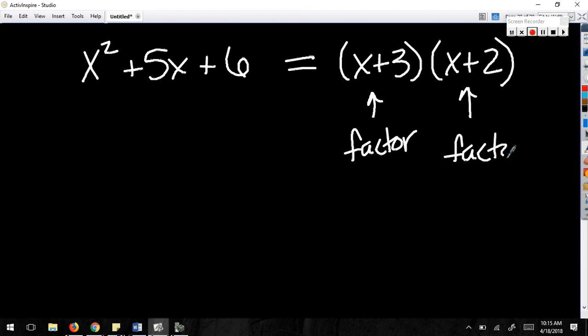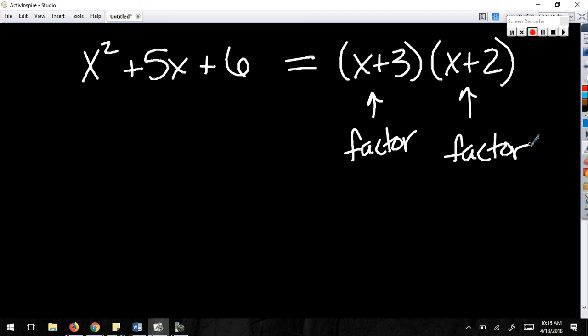That's why we call this factoring. We put it in a form to where we multiply the two things together to give us what we started. So add them up and equals the middle. What we're doing is a fancy form of 6 divided by 2 equals 3.